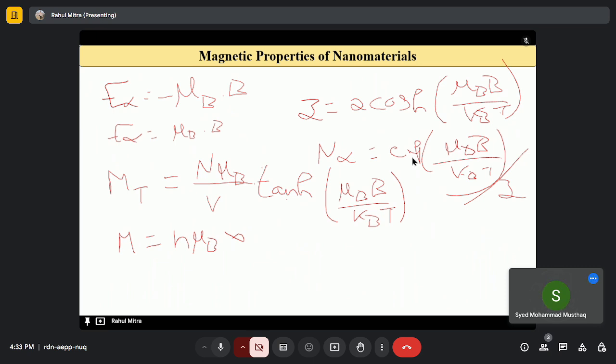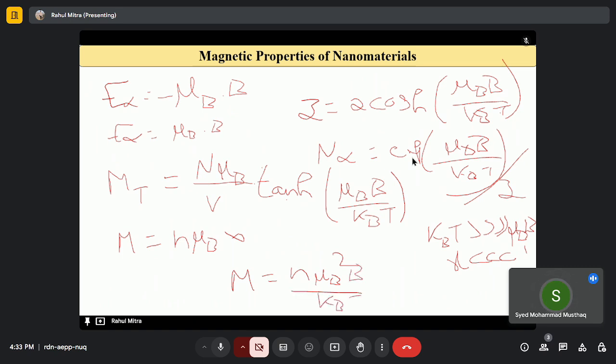We take kT very much greater than mu_B B, which means x is very much less than 1. So finally M equals N mu_B squared B by kT. This is our magnetization. What does that mean? The magnetization is inversely proportional to temperature.